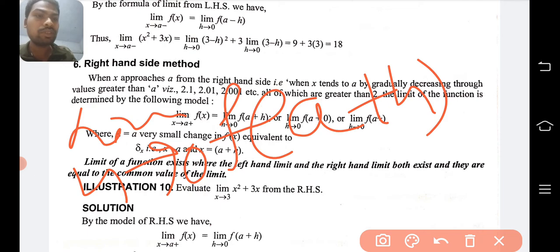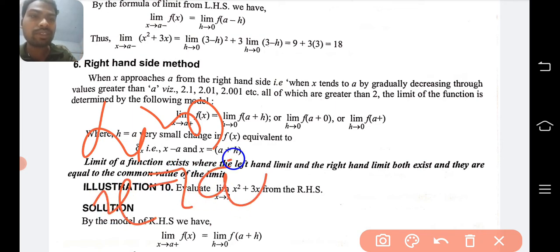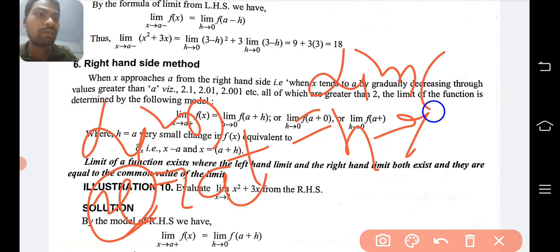Clear? So what will happen, we'll take limit x tends to a plus. This is equal to, if you denote this limit in terms of h tends to 0, in place of x we will write a plus h. Clear? A plus h.